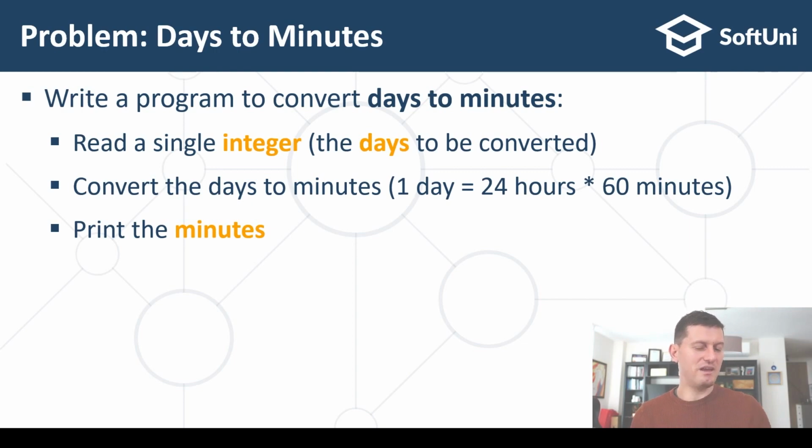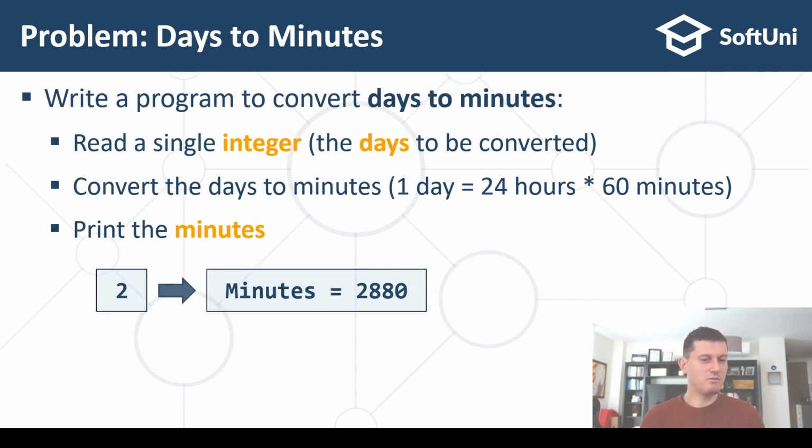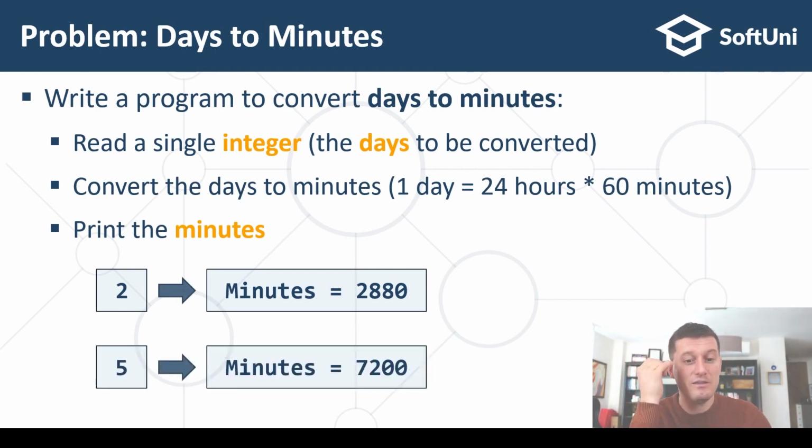Finally, we print the minutes, and this is what we should write. If we have 2 as input, the output should be minutes space equals 2880. This is another example: 5 days are 7200 minutes.